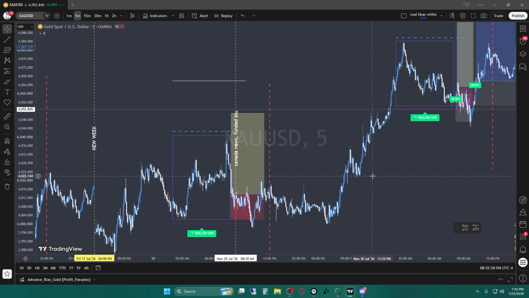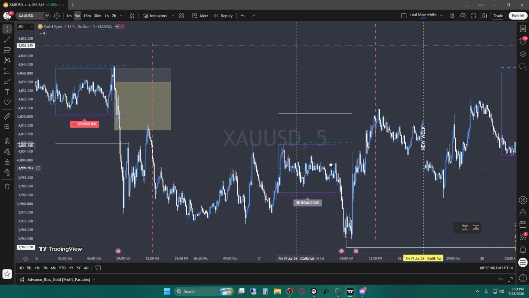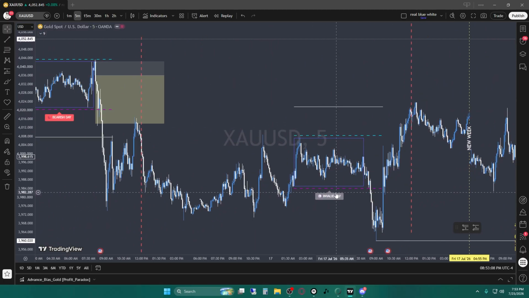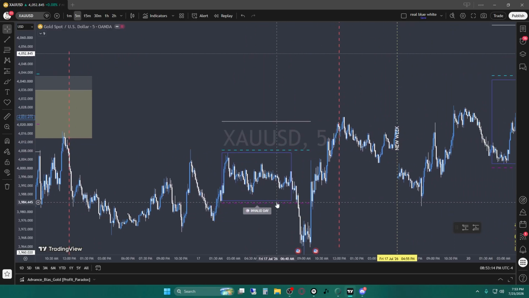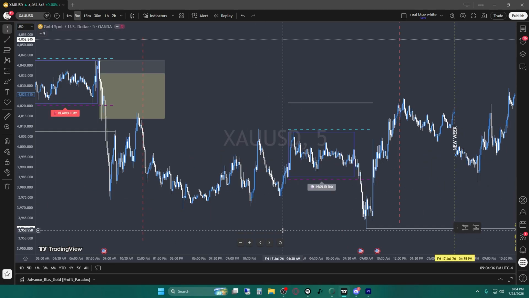I don't revenge trade that much anymore, but this still helps me a lot because I have the correct bias almost every day, and it tells me when to stay out of the market. The reason this is an invalid day is something I won't go too much into, the criteria that decide whether the day is a bullish or bearish bias.